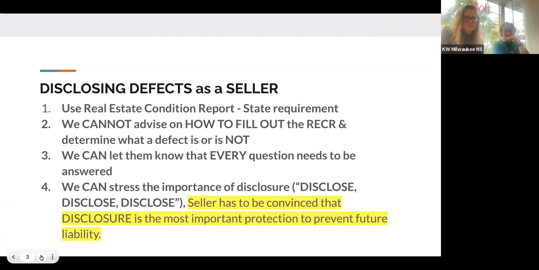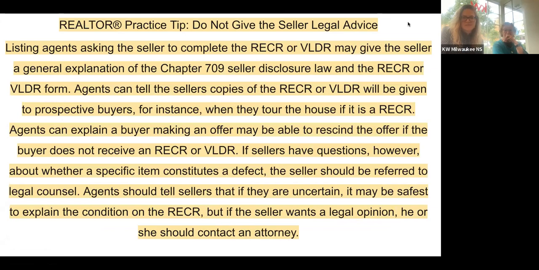I think the next page goes back to legal advice, so I'm just going to read this. Practice tip: we're not to give the seller legal advice. Listing agents asking the seller to complete the real estate condition report or the vacant land disclosure report may give the seller a general explanation of chapter 709 seller disclosure law and the real estate condition report form.